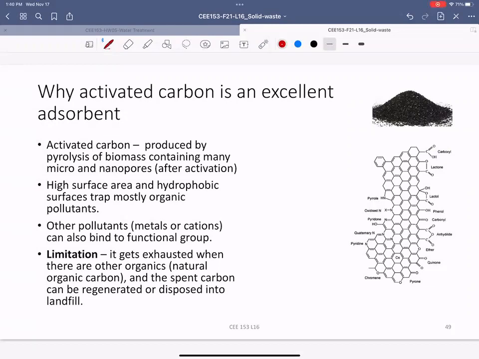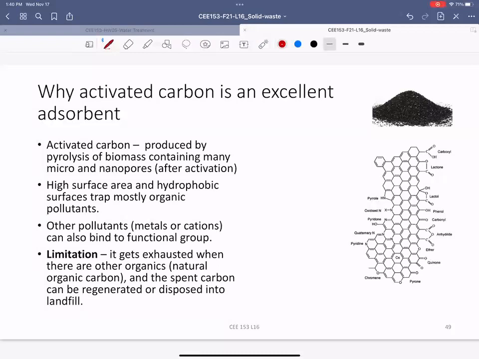Activated carbon means it's a graphite-like shape, and what you got is basically carbon, just like charcoal, but it's not activated because it has so many pores that are blocked with oil and stuff like that. So what people do is they apply steam.